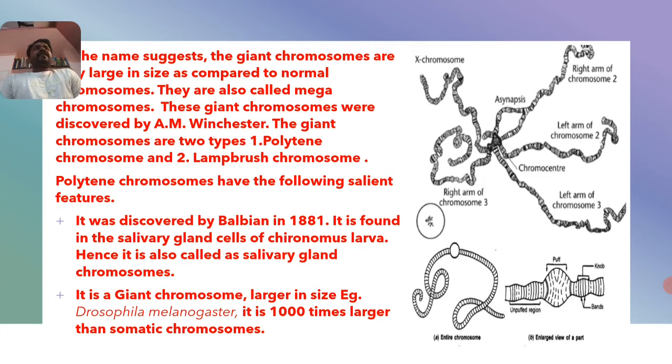Means, we have already studied the size, shape and number of normal chromosomes, but giant chromosomes are about 1,000 times larger than the somatic chromosomes.